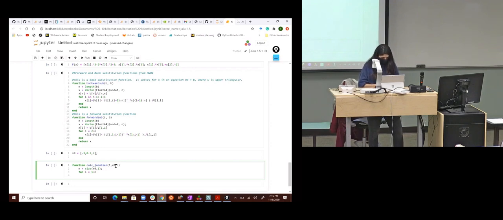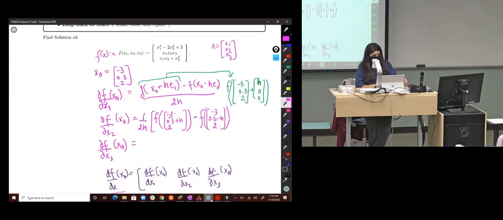So we have the matrix Jacobian equals, let's say zeros n comma n. So the ith column of our Jacobian will be equal to, how do we get the ith column from this?